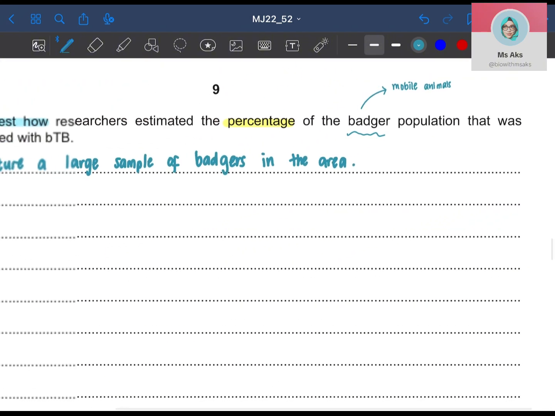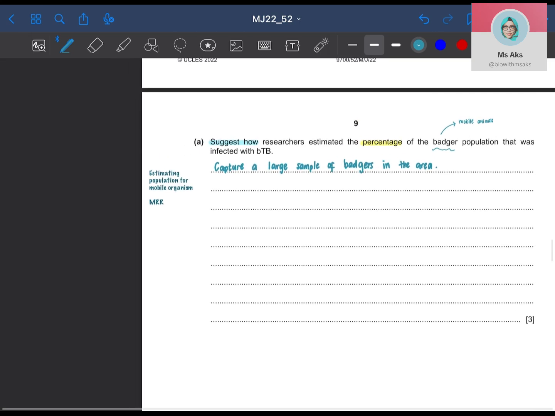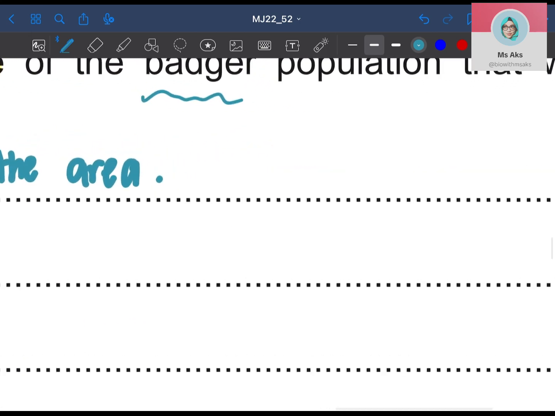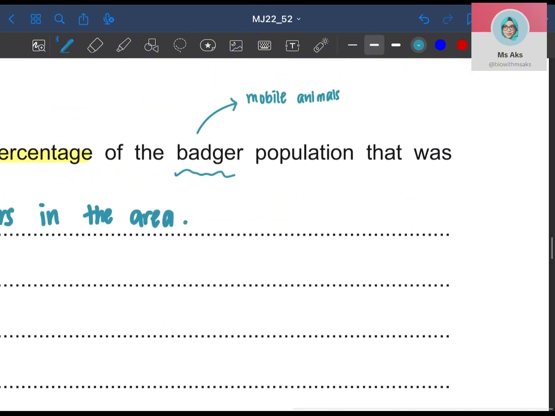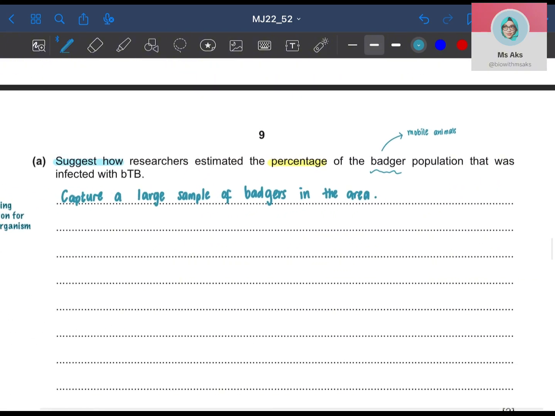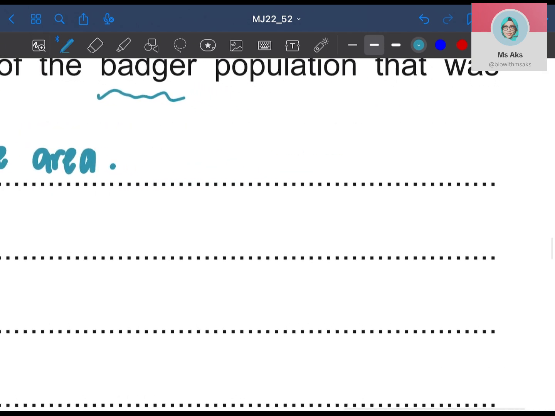And then following the mark, release, recapture, you're going to be recording the number of badgers that have BTB, because we're going to look at the infected badgers with BTB, right? So after capturing a large sample of badgers in the area, make sure we record the number of individuals.